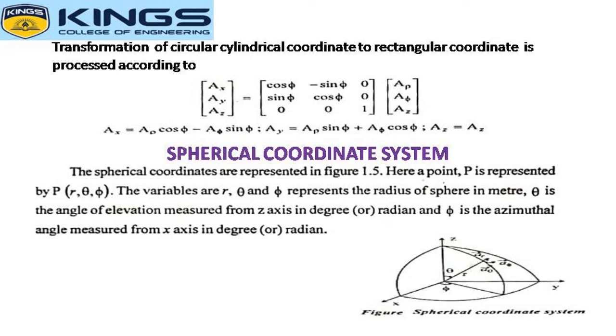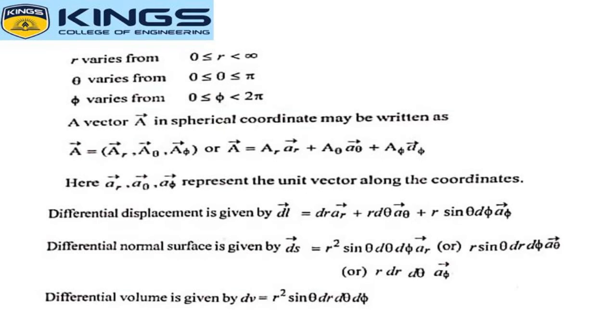The radius varies from 0 to infinity, theta varies from 0 to pi radians, and phi, the azimuthal angle, varies from 0 to 2 pi. Here also the vector may be represented by A vector is equal to ar vector plus a theta vector plus a phi vector. ar, a theta, a phi vectors represent the unit vectors along the coordinate system.